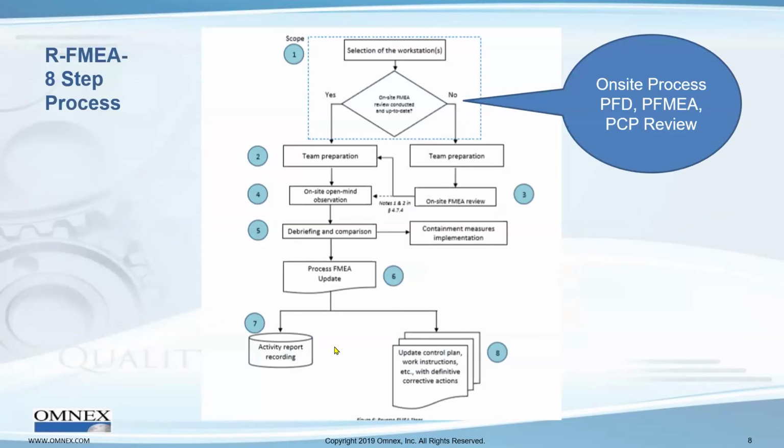So the way that we set this system up is that the first scoping piece is reviewing on site which line we are going to apply this to, and then which operation in this line. So let's say that we decide we're going to do a reverse FMEA on the grinding process, and that's OP30.